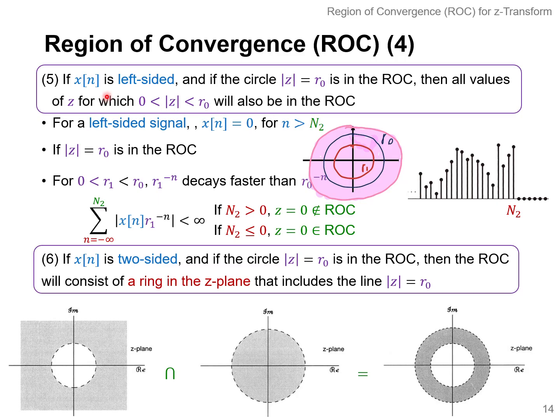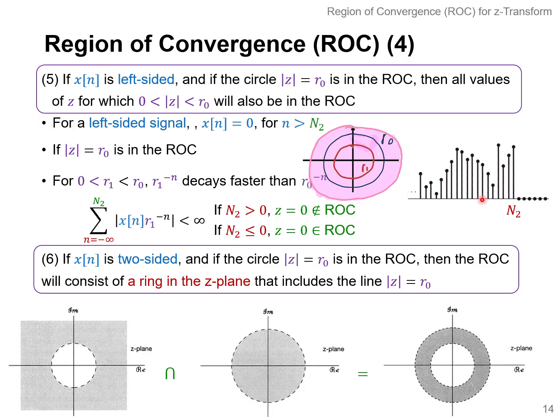The ROC rule says if a circle with radius r0 is inside the ROC, then everything inside that circle is also in the ROC. This means the ROC moves inward toward the origin. If the signal converges at radius r0, then it will also converge for any smaller radius. The ROC extends inward.